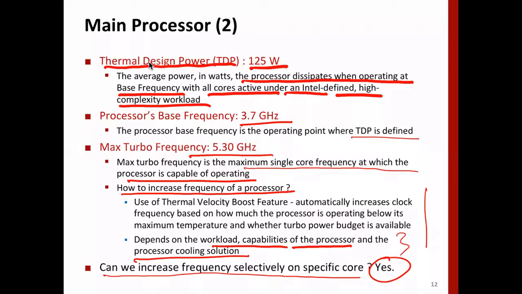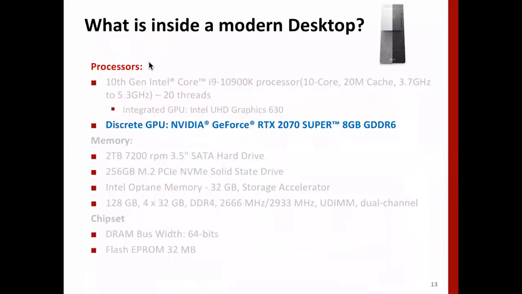OS, yes. As a user, you don't have all these controls, right? Okay, all right. Because again, when we look at the ISA, there is an interface available to us, and that interface does not say that we can increase or reduce the frequency. Of course, there are certain things we can control as a user, but not everything.